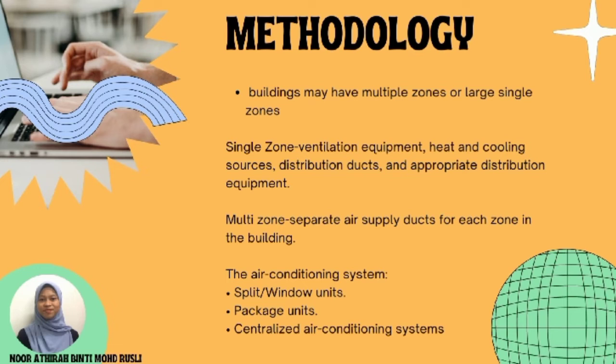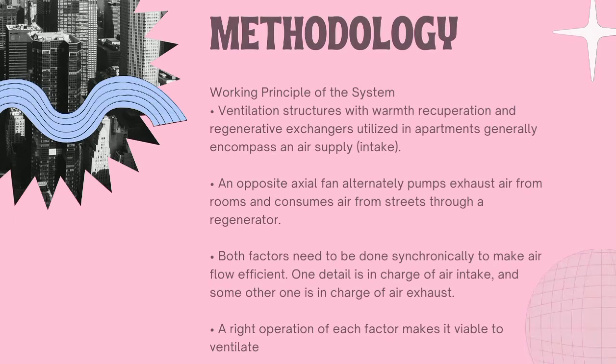Multi-zone also consists of an air handling unit with parallel pass-through cooling coil and heating coil and an internal mixing damper. Air conditioning systems can be classified into three categories, which are split or window unit, package unit, or centralized air conditioning system.